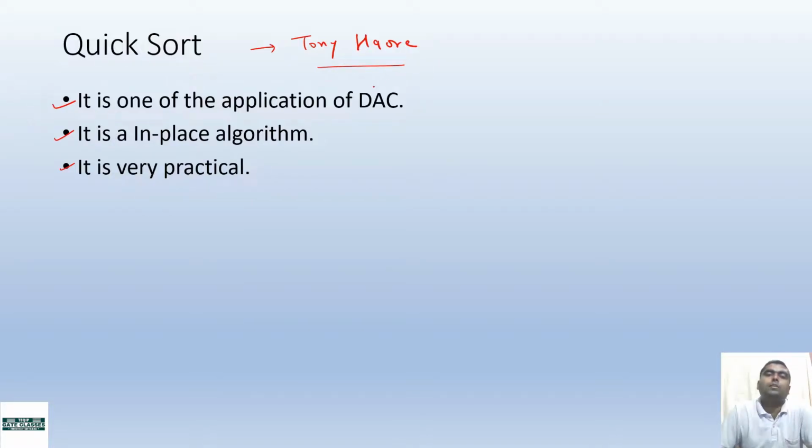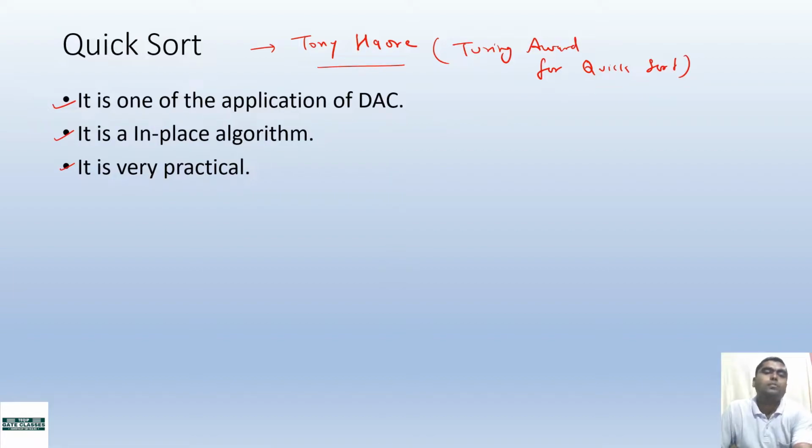So he is the developer of this quicksort algorithm, and he received the Turing Award for that, for quicksort. So it is a very popular algorithm.